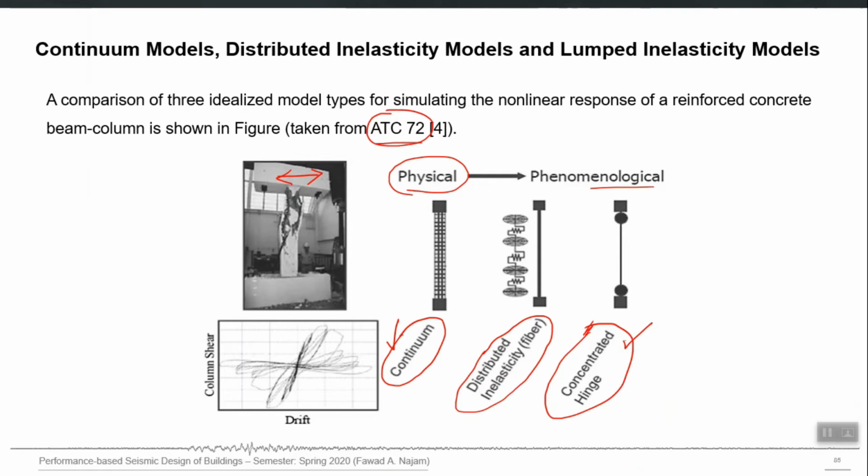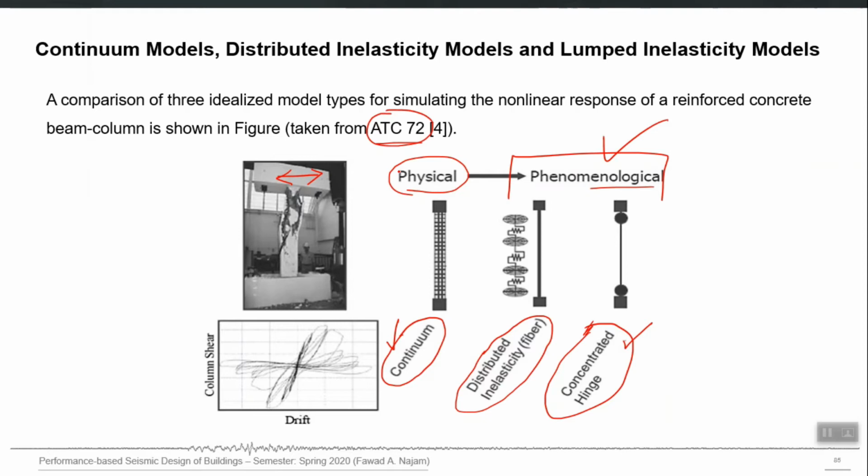It can be the whole length or it can be some part of the length in which the inelastic action is the most, right? So based on the main concept of how we account for nonlinear action, there can be three types of nonlinear models, right? Obviously these two are the most suitable for structural engineering applications.